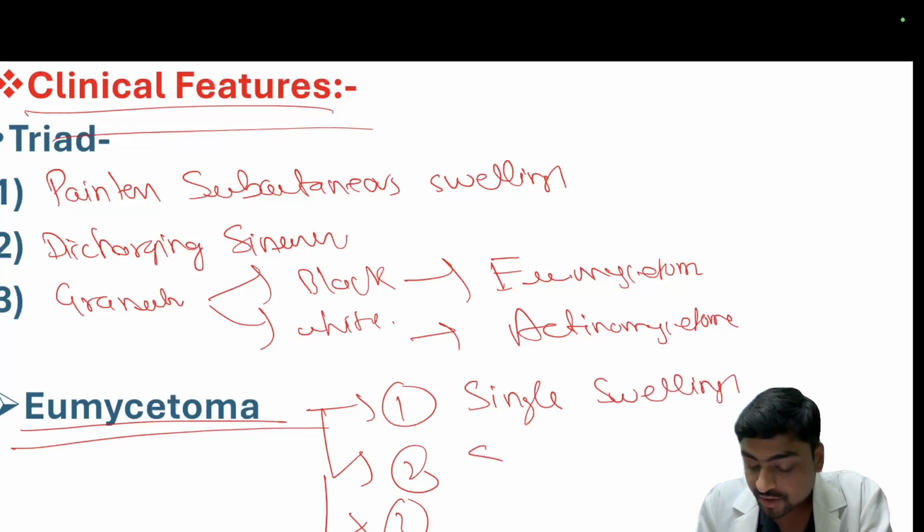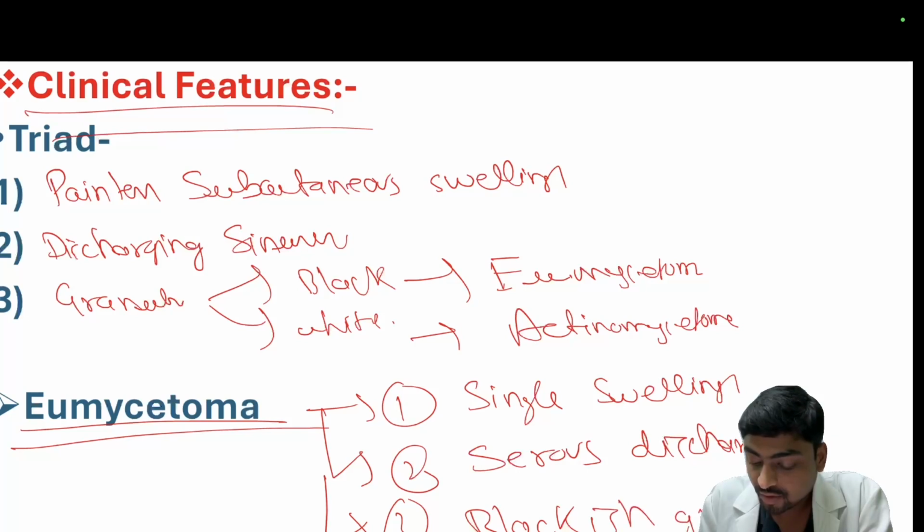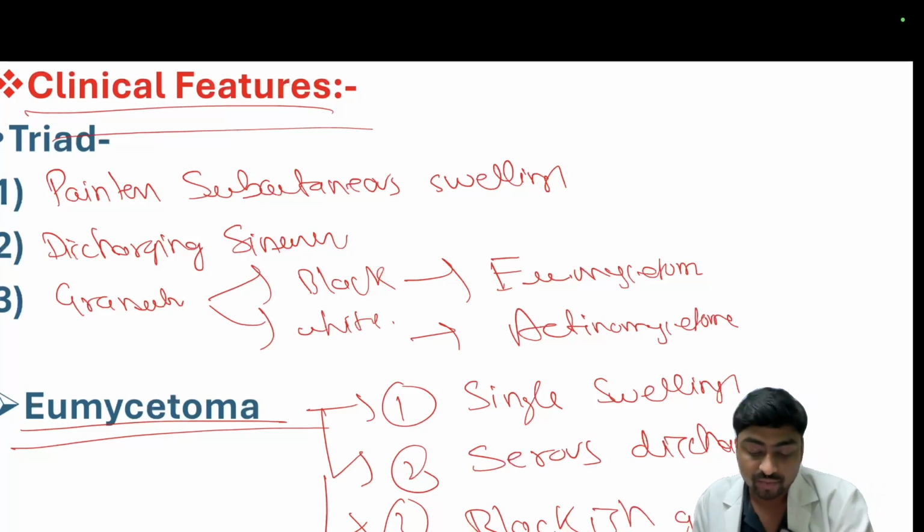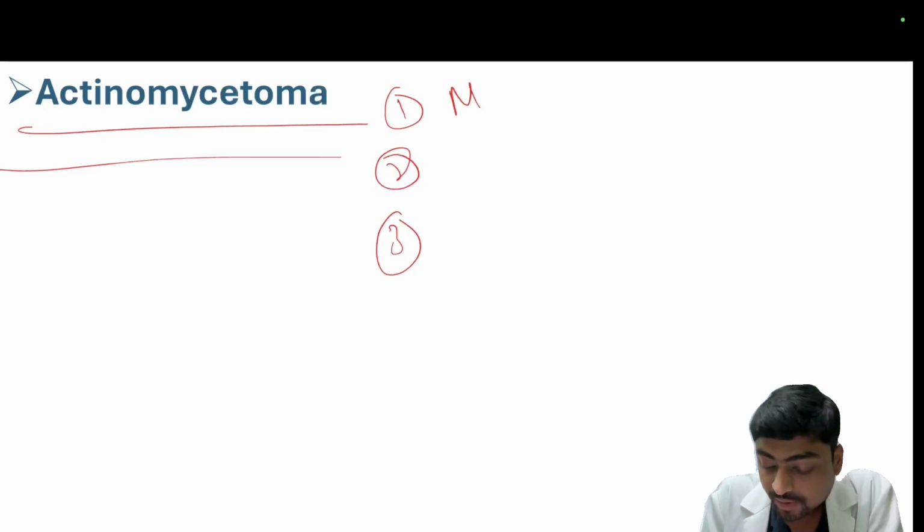And the discharging sinuses will have serous discharge, and the granules will be blackish in color. Blackish granules are observed in case of Eumycetoma. In case of Actinomycetoma, the triad will look like multiple swellings.